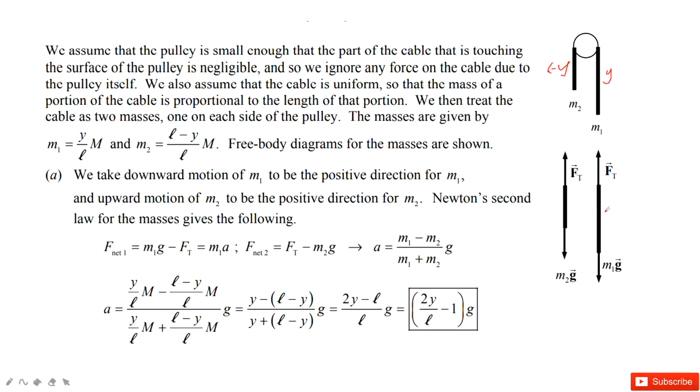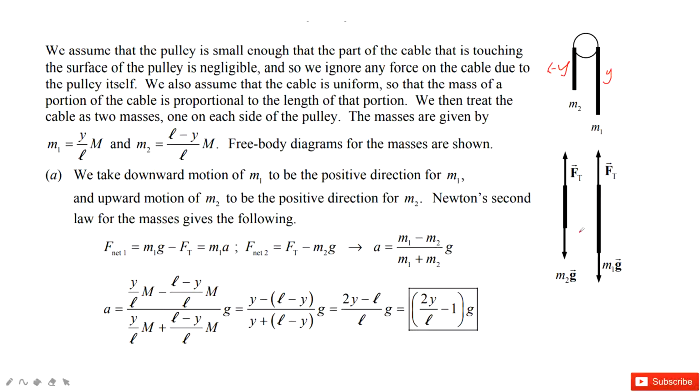We can see at object 1 we have gravity, and we have also found the tension. So we can write Newton's second law: the net force equals gravity m1g minus Ft equals m1 times acceleration. Agree? Yes.